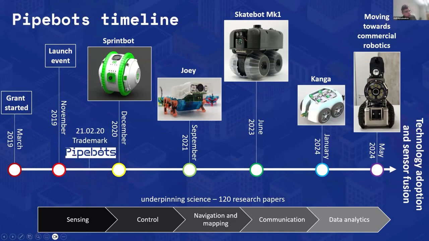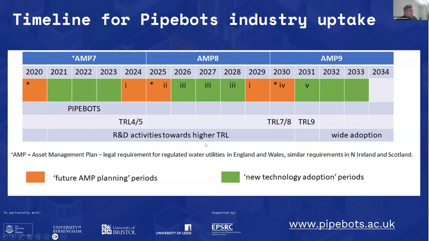Also, this robot can rescue other robots, by finding them in the pipe using sound signature, going up to them, picking them up and dragging them out if they failed. Now we're working with Minicam, as I mentioned, putting the ideas on the commercial robot, which is robust enough to go into real sewer pipes, and that work will be extended to 2026.